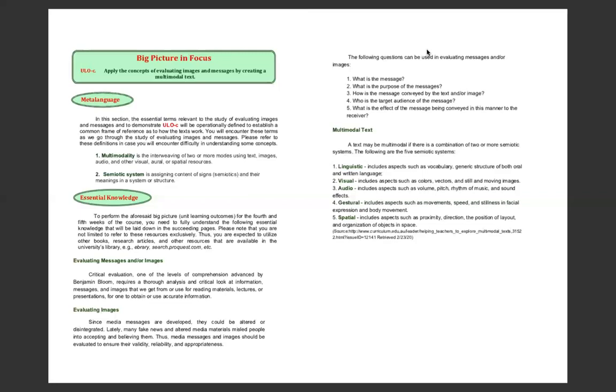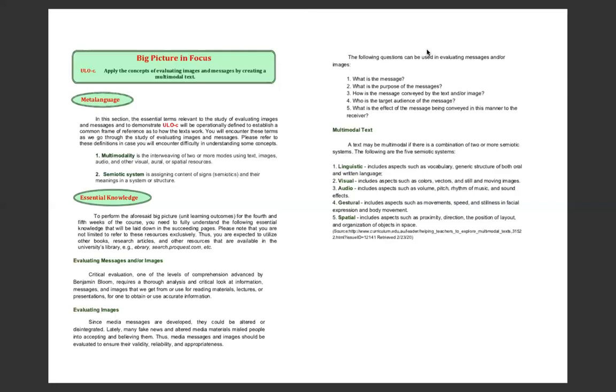Multimodal text. A text may be multimodal if there is a combination of two or more semiotic systems. So these are the 5 semiotic systems. If the text includes two or more of these semiotic systems, we call it multimodal. First, linguistic.